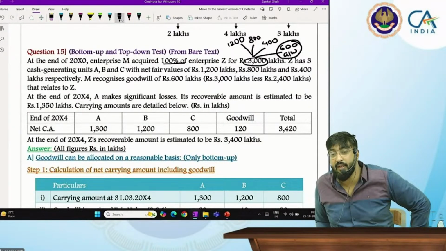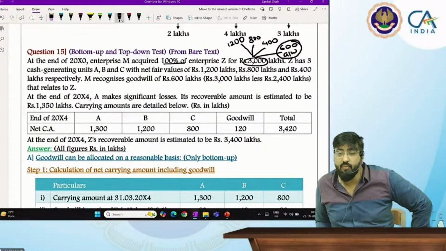What is your thinking, Rosaline ji? We can adjust the goodwill, sir. Because fair value logically is already a realizable value.